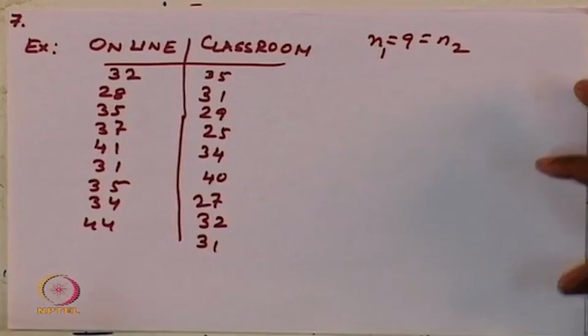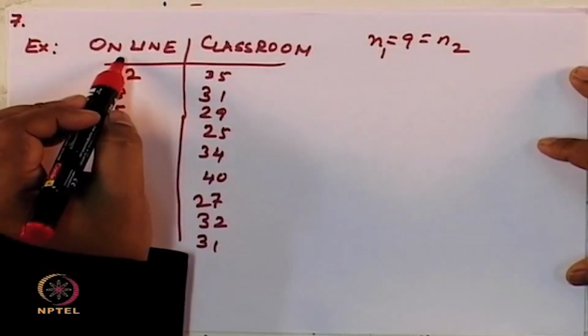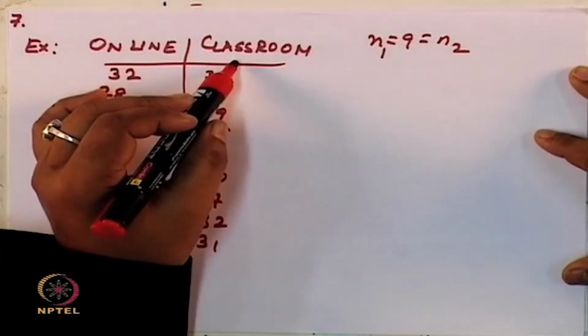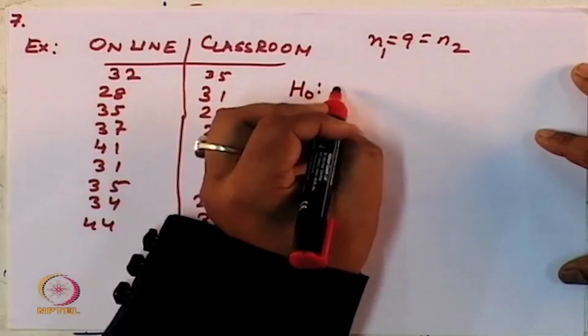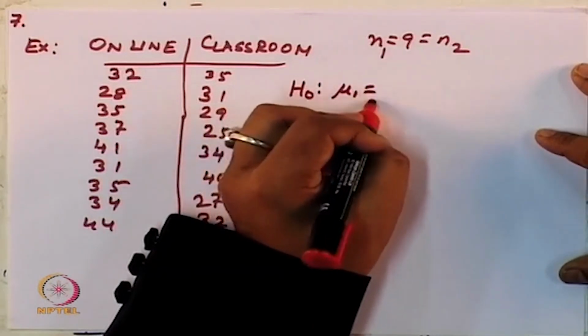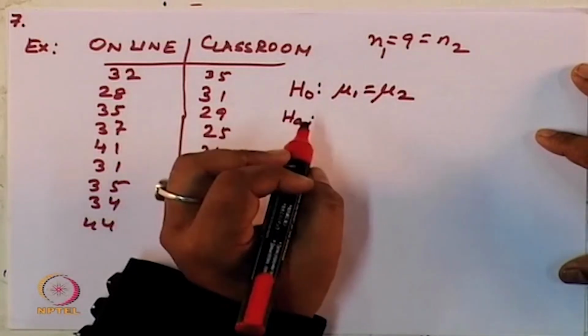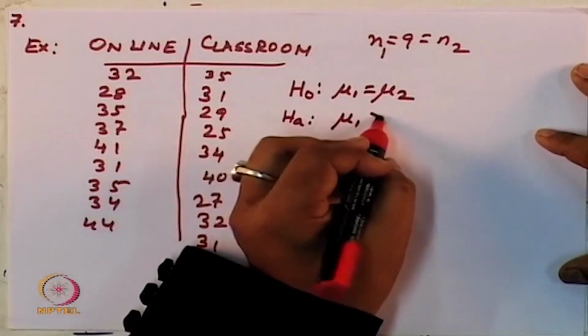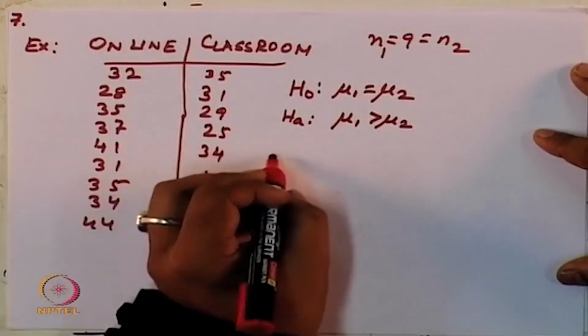And we want to know whether the performance of students taking the online exam is identical or different than those when they give the classroom exam. So, my null hypothesis is mu 1 equal to mu 2, and my alternative hypothesis is, let us say, mu 1 greater than mu 2. So, what do we assume?